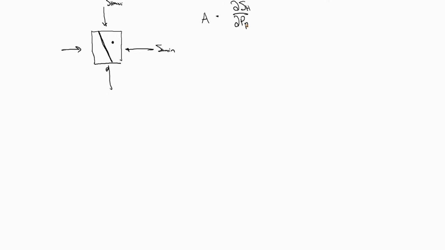But if this fault lies at some angle theta to the far field stresses, then just using the geometry, we can resolve the stresses on that fault. We could do it with our rotation matrices like we did earlier in the class, but here it's not necessary because we're looking at just a planar view of a lateral fault, and so you can just use simple geometry.